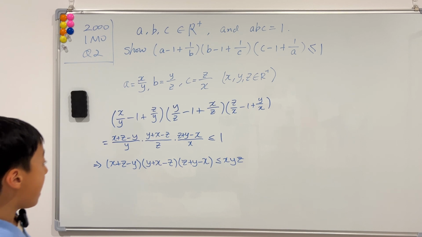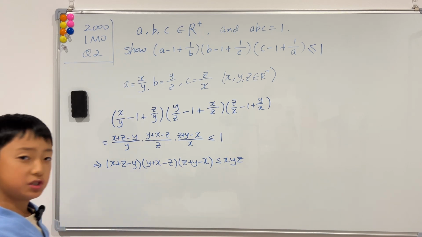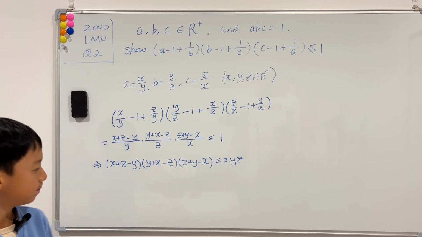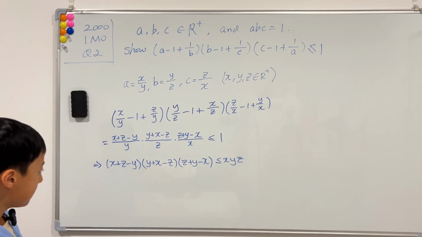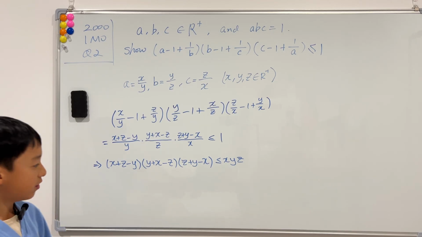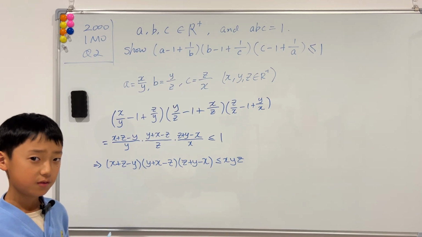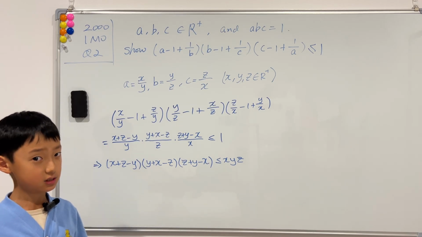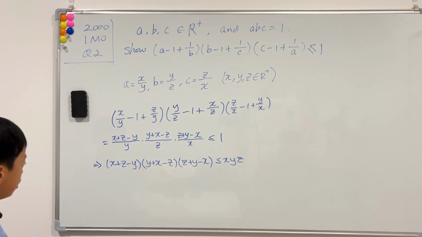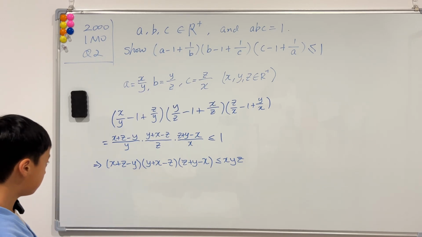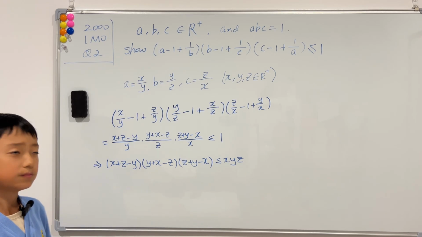So if x, y, and z are all positive, then x times y times z is definitely positive, right? So if we want to prove something is less than a positive number, then don't we want this thing to be negative? Now, I'm not saying it is negative, but that would just be one of our cases.